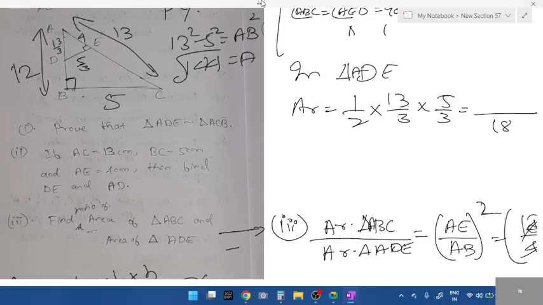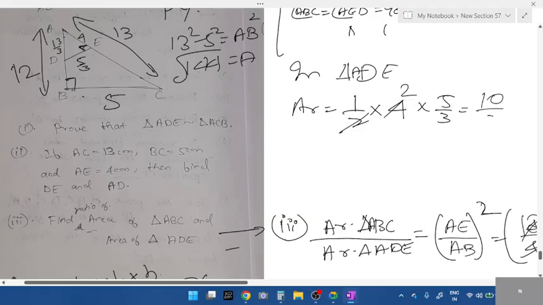Oh, sorry, it is 4 by 3. You're not supposed to take the hypotenuse value, right? Correct, Tanishka. What is the hypotenuse, students? Opposite to the right angle. 13 by 3 is the hypotenuse value. So just ignore that, take 4. 2 ones are 2, 2 twos are 2, 2 fives are 10 divided by 3.